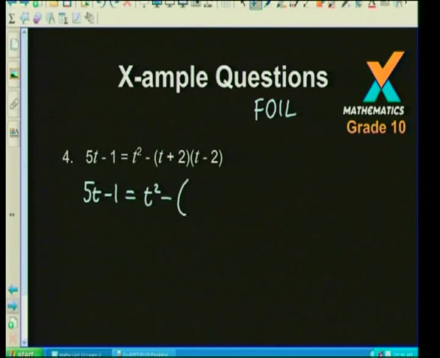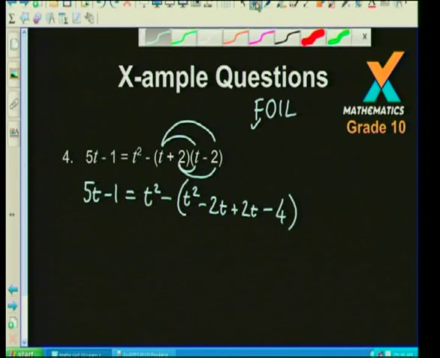And in brackets I'm going to multiply out. T times t, because that's our first, is t squared. Our outside is t times minus 2, which is minus 2t. Our inside is 2 times t, which is plus 2t. And our last is 2 times minus 2, which is minus 4.